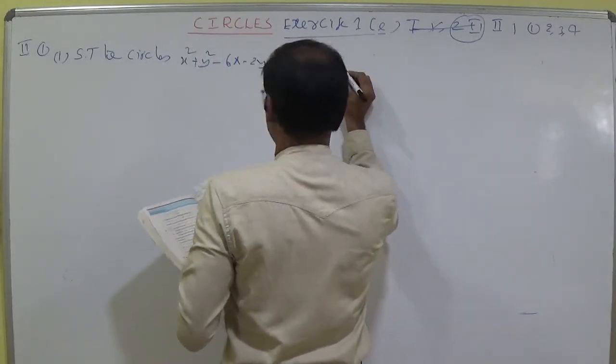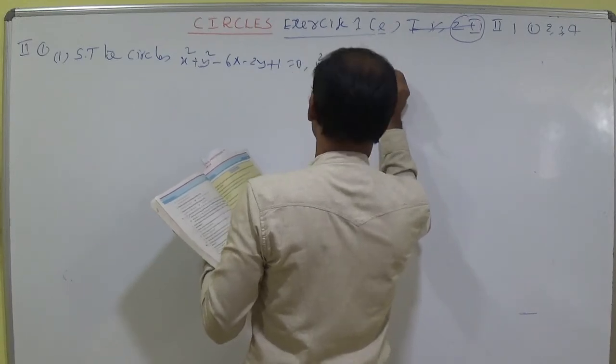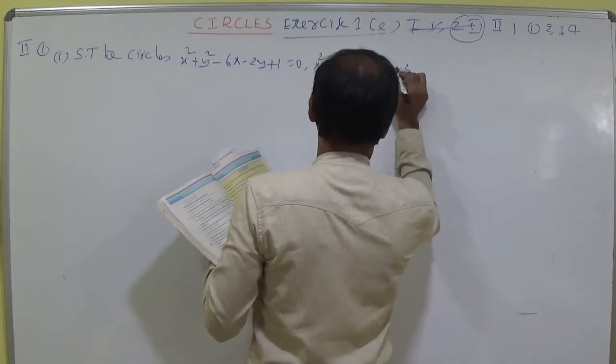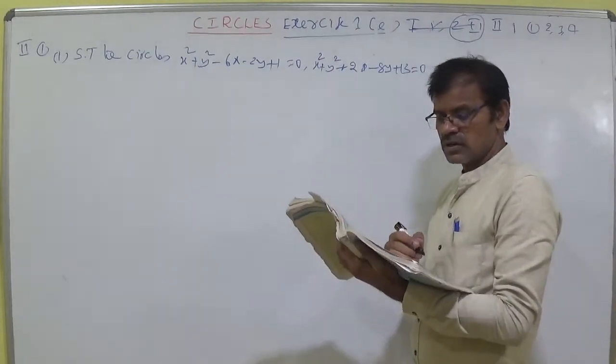x square plus y square plus 2x minus 8y plus 13 equal to 0, touch each other.